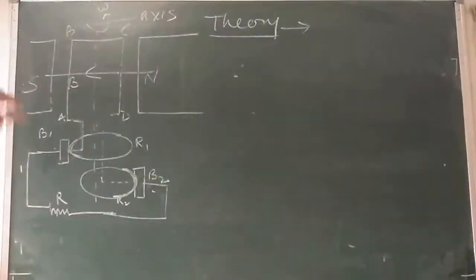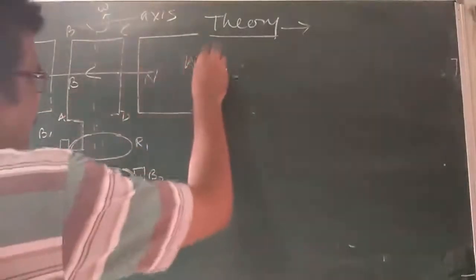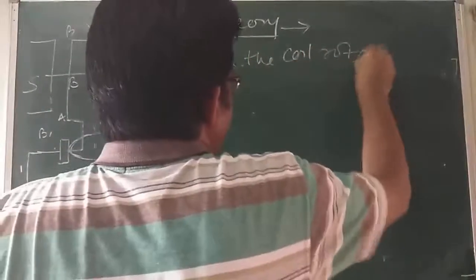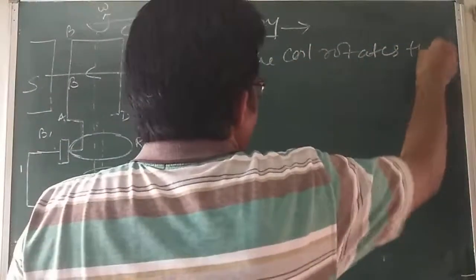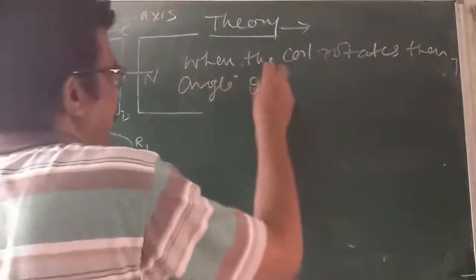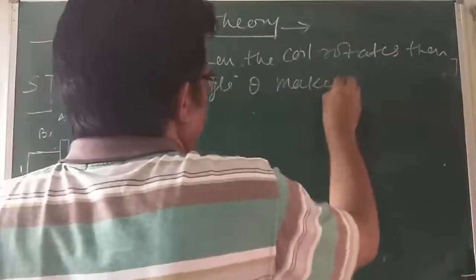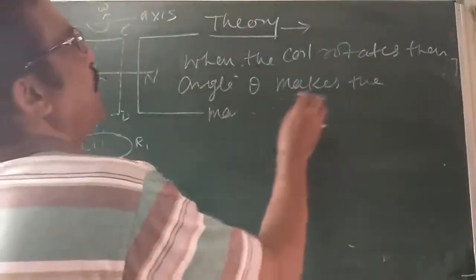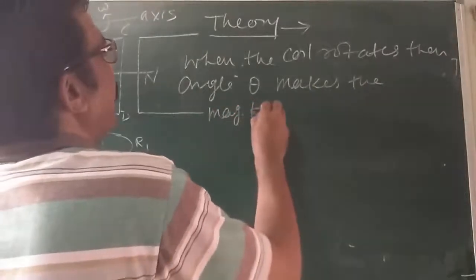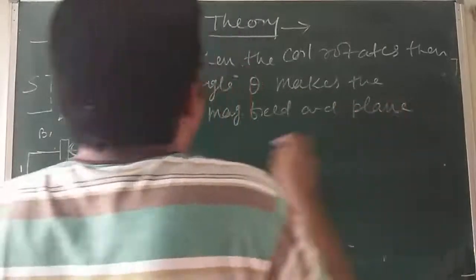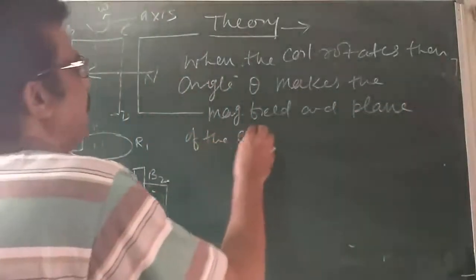It is clear? So I mean to say that when the coil rotates, then the angle theta with the magnetic field and the plane of the coil changes.